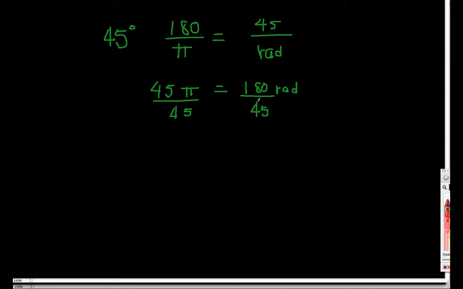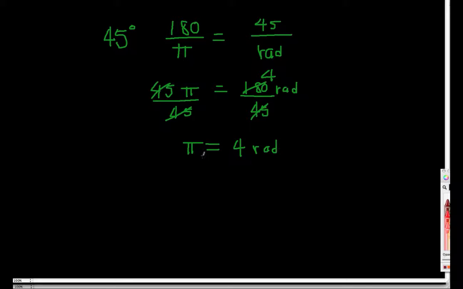Now it turns out that 4 times 45 is equal to 180. Try it on your calculator. 4 times 45 is equal to 180. So this simplifies. 45 cancels on both sides here, gives me 4. So I get pi is equal to 4 times the angle in radians.